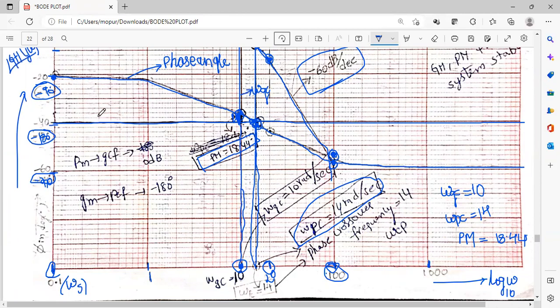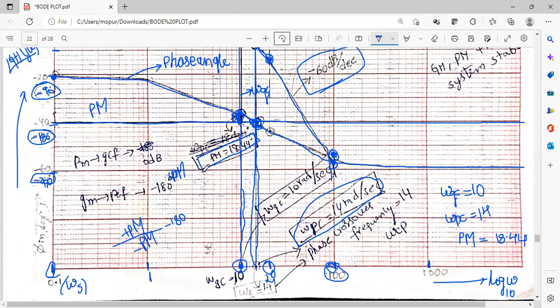As I had said, for the phase margin, the minus 180 degree line is the reference. Above the minus 180 degree line, we have a positive phase margin, and below the minus 180 degree line, we have a negative phase margin.